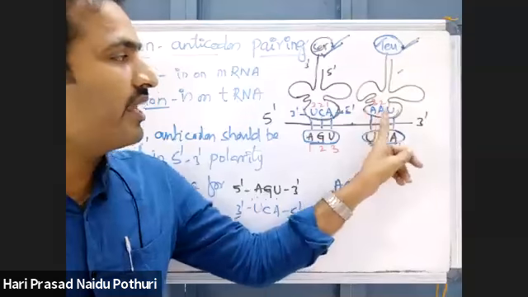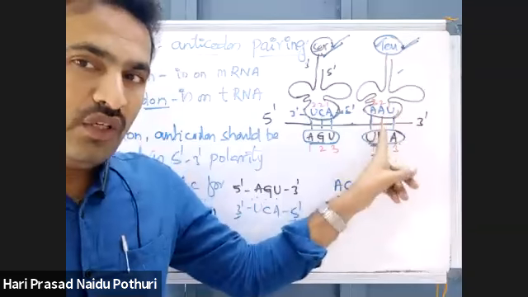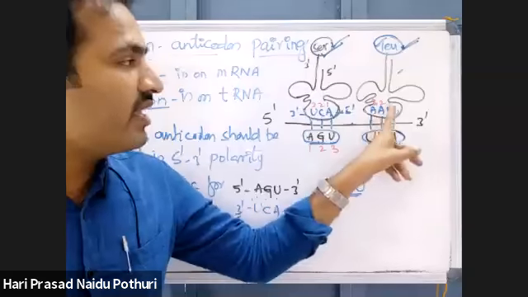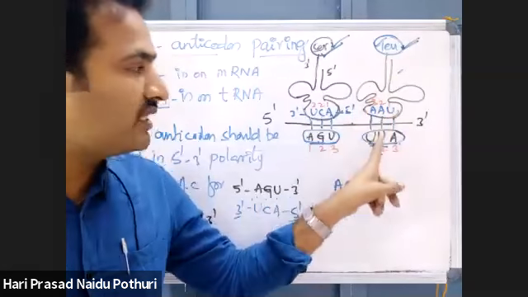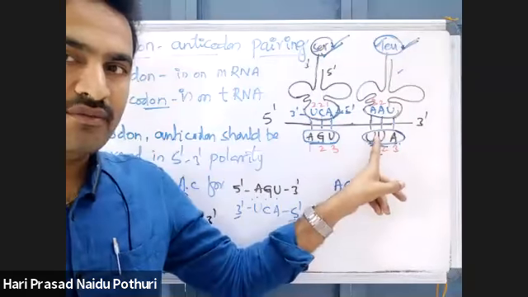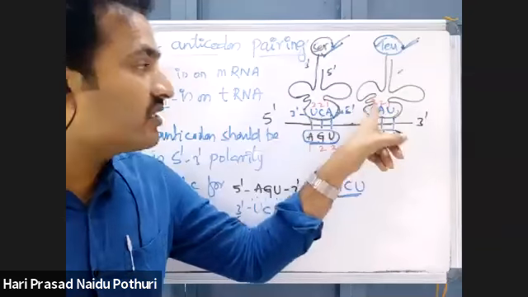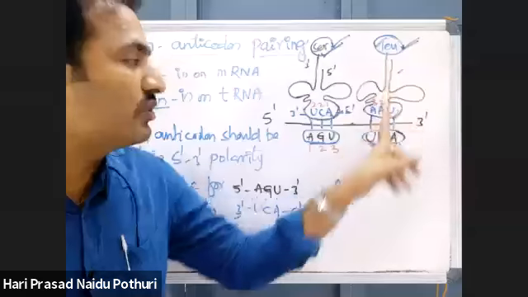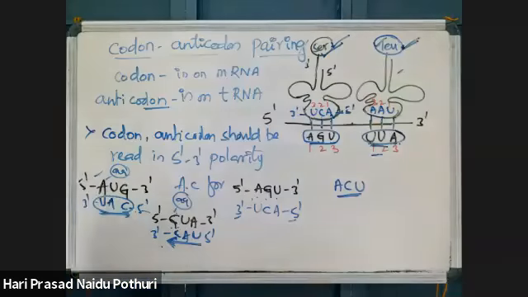UUA, AAU. So the tRNA which has AAU only binds with UUA. As this only binds with UUA, it only brings leucine, which is for UUA. Understand?